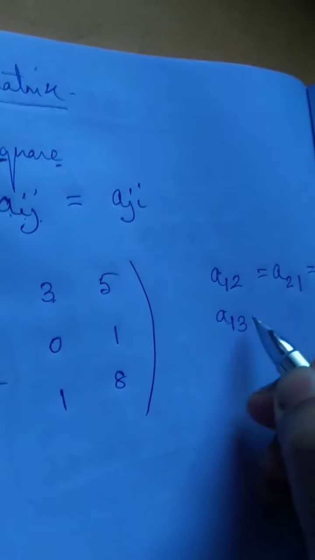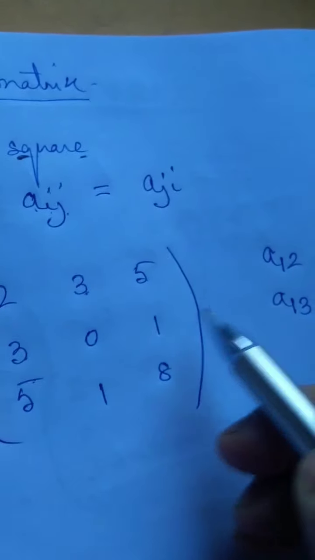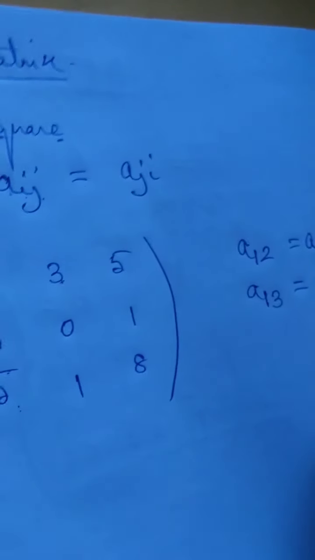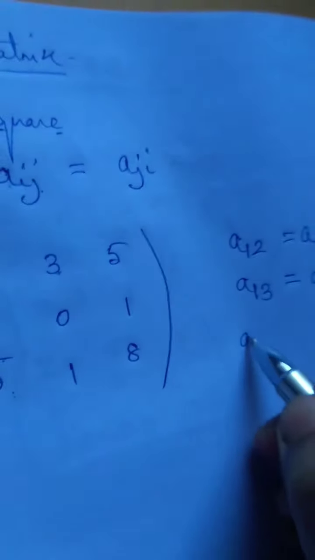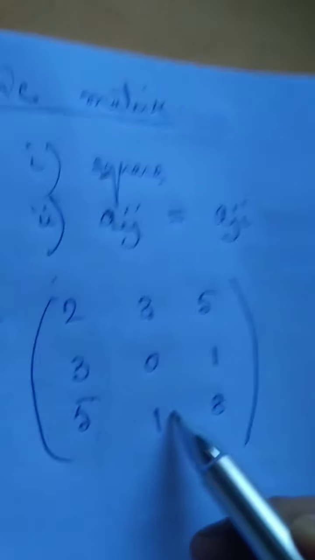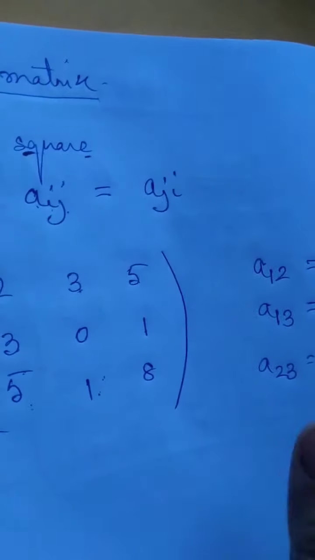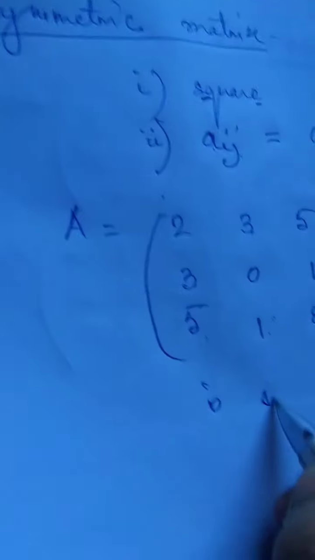A13, element of the first row third column should be equal to the element of the third row first column, and both are equal to 5. And A23, element of the second row third column should be equal to the element of the third row second column, and both are equal to 1. As these conditions hold, I can say that A is a symmetric matrix.